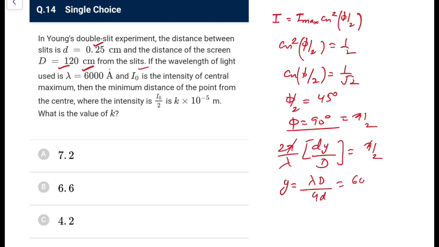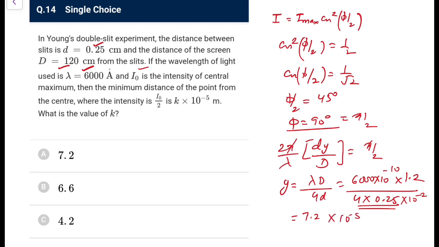Lambda is 6000 angstroms, D is 1.2, and 4 into 0.25 centimeters, so 10 to the power minus 2 as well. So 6 into 1.2 is 7.2, and 10 to the power minus 5 meters. So it is 7.2 into 10 to the power minus 5 meters. Go with option A in this particular situation.